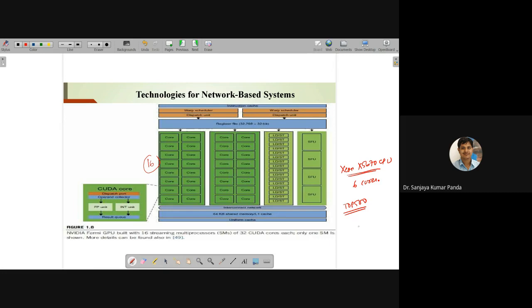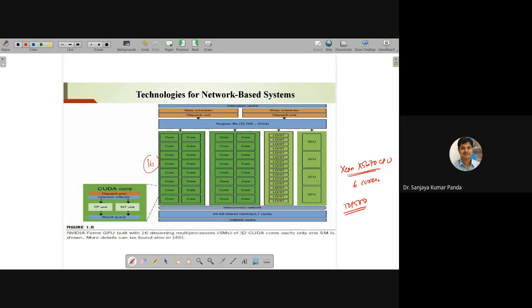To imagine, here we are talking about 32 CUDA cores, but there you will get some lakhs of cores. Why are we doing this? We are doing it to parallelize the program. More parallelism you can get in that case, and that will make faster execution of the programs.